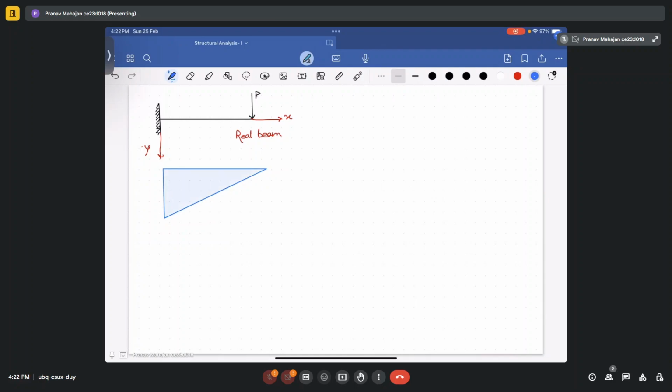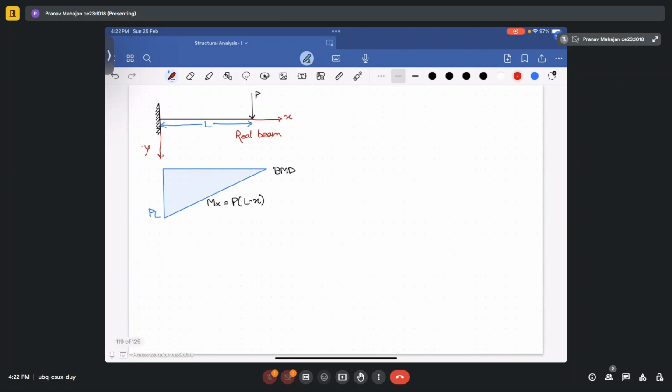The maximum value will come out to be P into L. If this is your L, it will come out to P into L, and the moment at any point x will be equal to P into (L minus x). So this is your bending moment diagram.